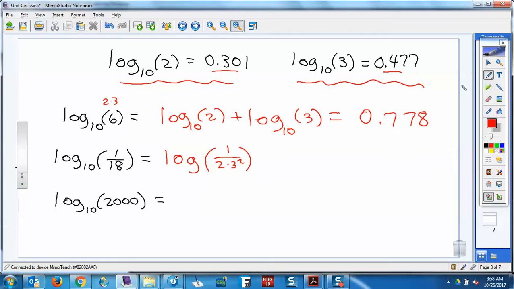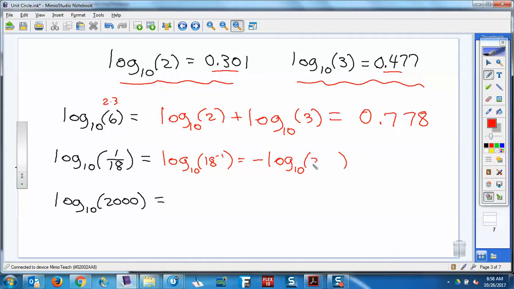Well, actually, there's probably a step we ought to take first, to be honest with you. What do we do with the fact it's 1 over 18? How about make that to the negative 1? Because then what can we do with that? We can bring that negative 1 out in front. So now this is negative log of 18.